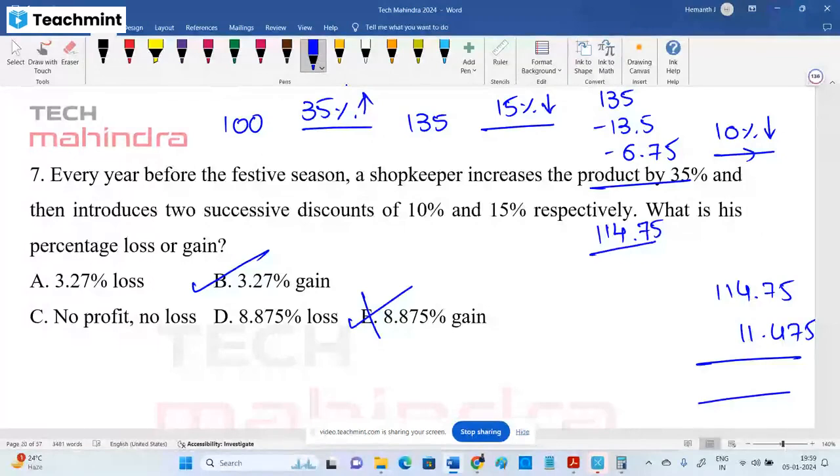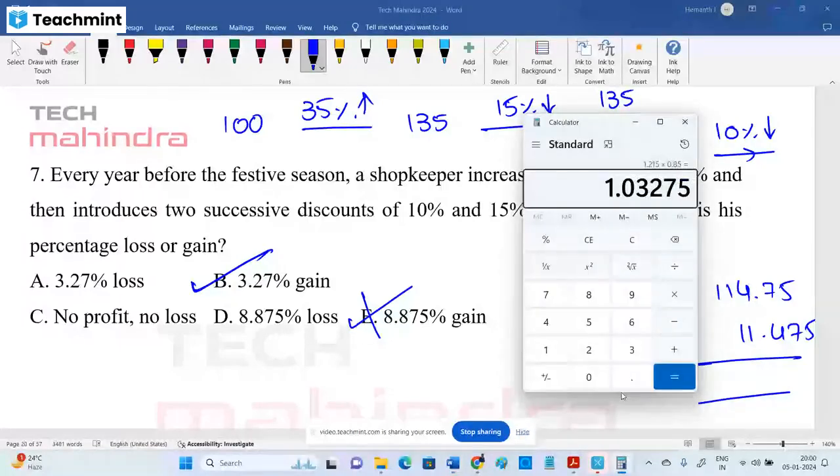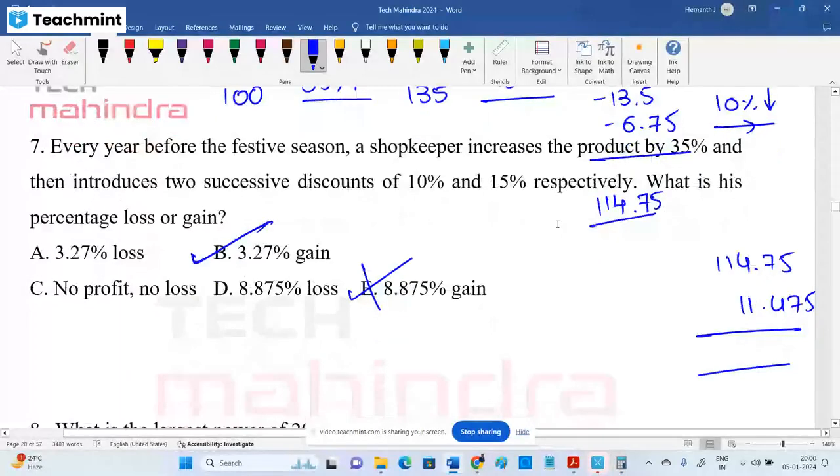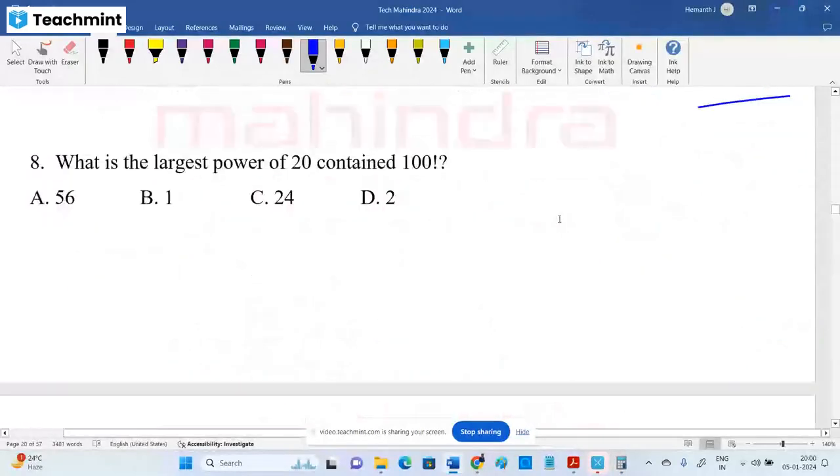Yes, this is the 3.275% gain you are getting. So with a calculator, it takes very little time to give the answer. 1.03275 into 100 is 3.27% gain. That's correct, but calculator is not allowed. We need to be cool.